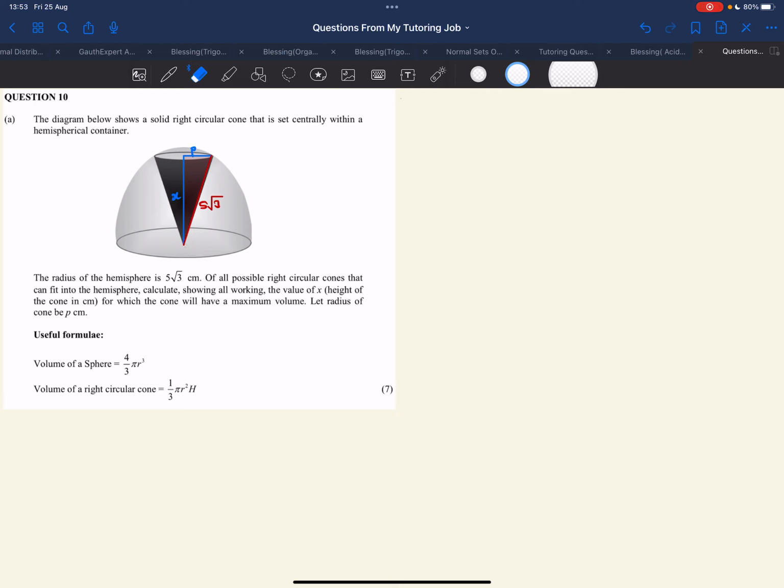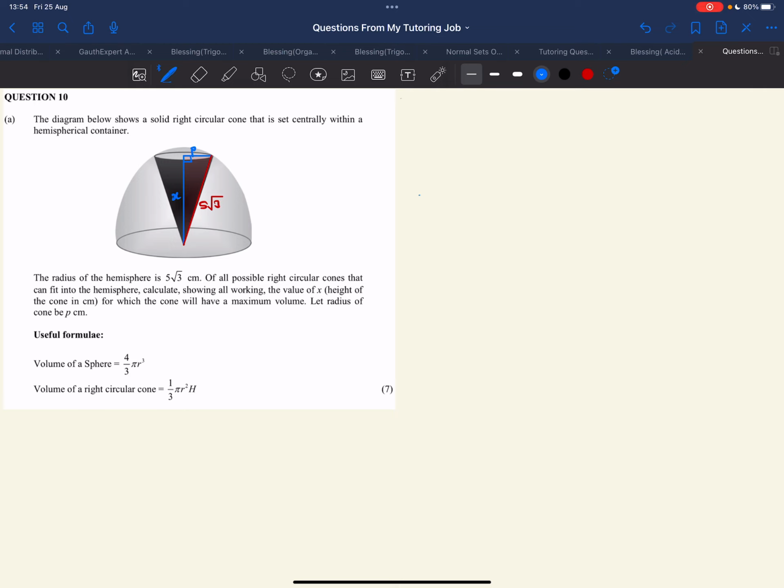All right, now can you see that this forms a right angled triangle? Can you see that this is forming a right angled triangle where we have the height being x, we have the opposite side being just p, and we also have the radius being 5 square root 3.